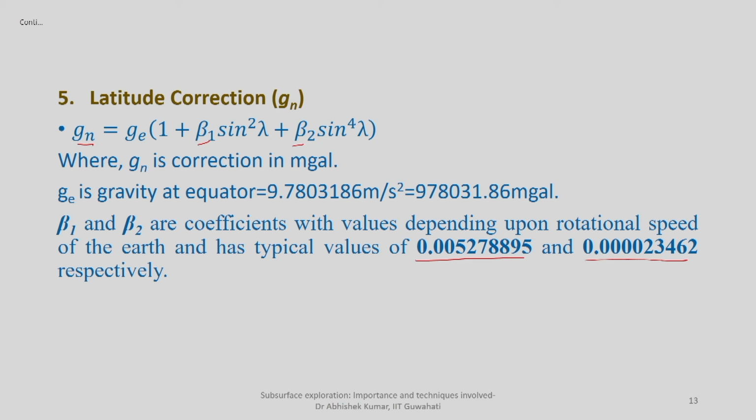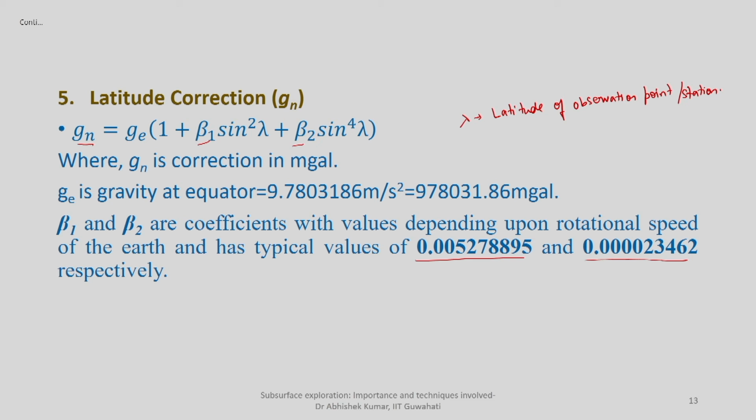Again, you can refer to charts which can give you a value considering different rotation speeds. The value of lambda, which is not given, is the latitude of the observation point, the point at which you are actually measuring the gravity value. If you know the latitude of that observation station, you can get an idea.